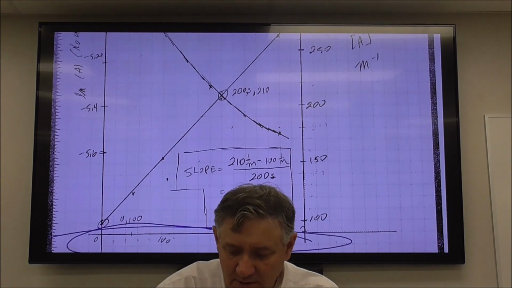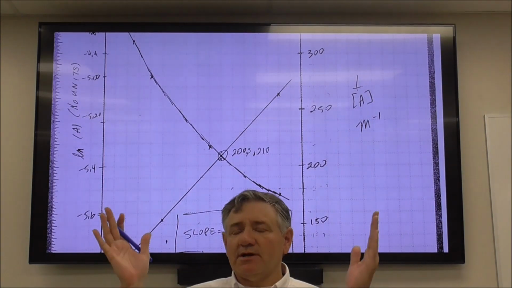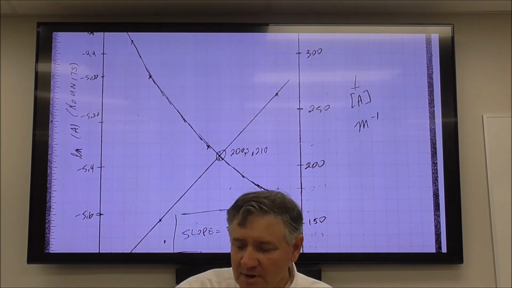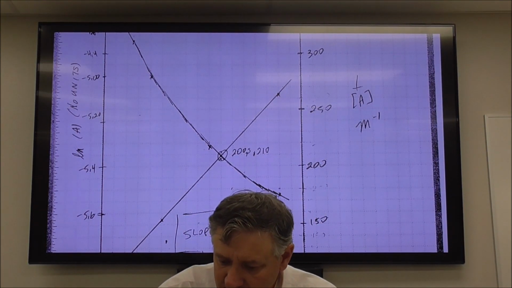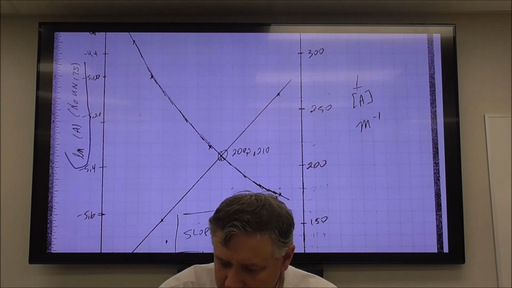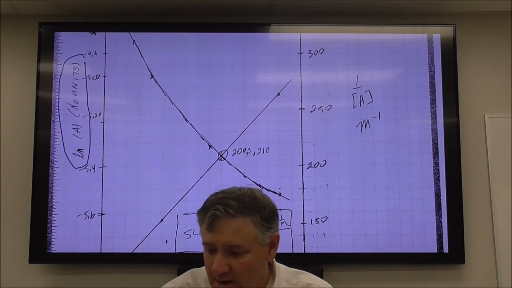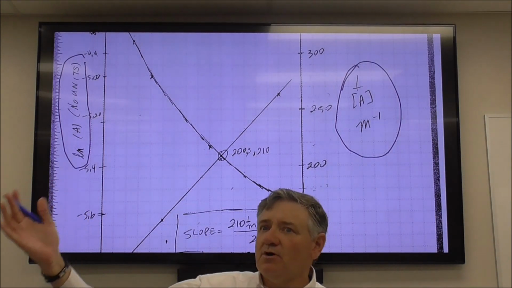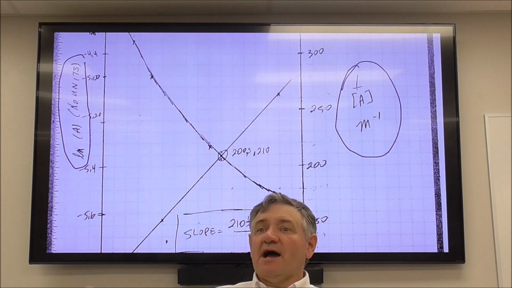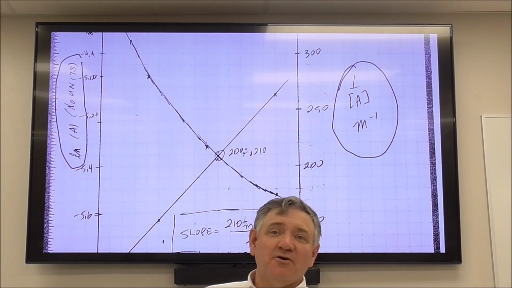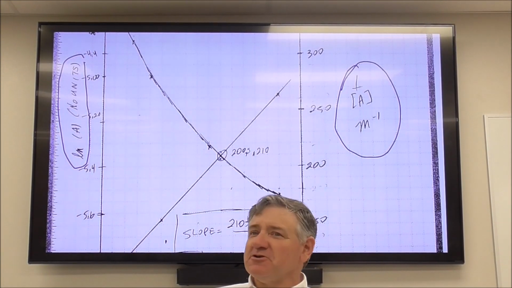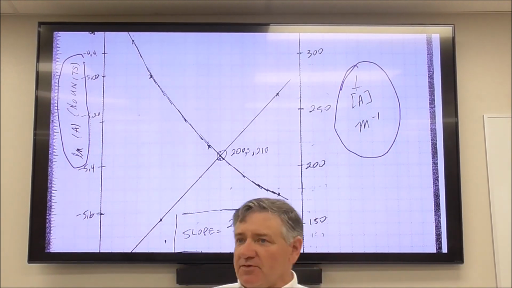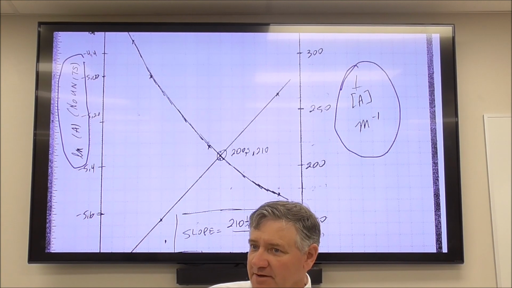Over here, I put natural log on this y-axis, and then I put my values of inverse of mass over on this axis, so I could put both sets of data on the same graph. If that's going to flip you out, just draw them as two separate graphs.